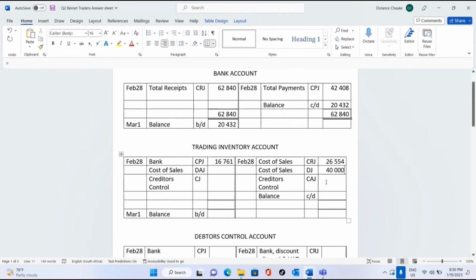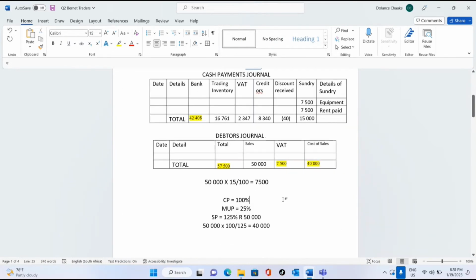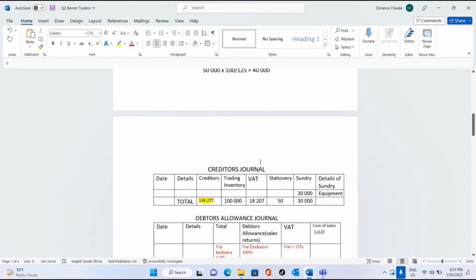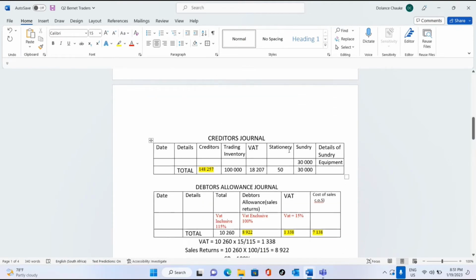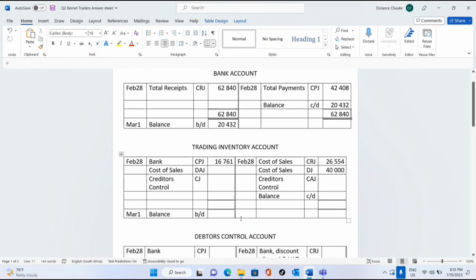Right? And then let's proceed and check our calculations again. We're done with the debtors journal. Let's proceed. Creditors journal, we are going to look at the inventory. The inventory, 100,000. Okay, so let's go to our answer sheet.